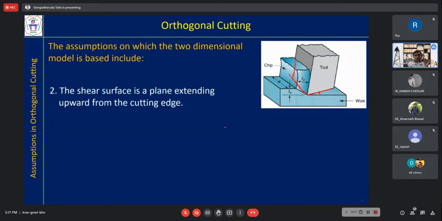Next, the shear surface is a plane extending upward from the cutting edge. So if you see, this is the shear plane, in the upward direction, originating from the cutting edge.